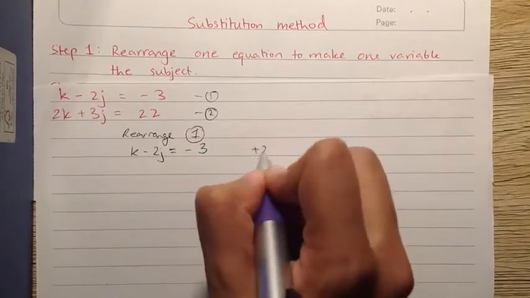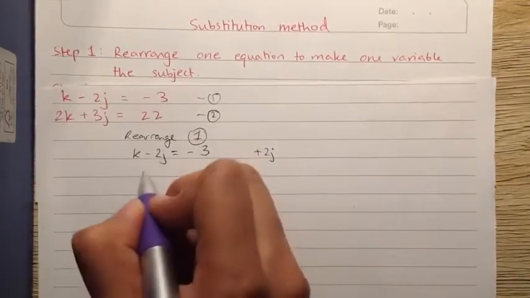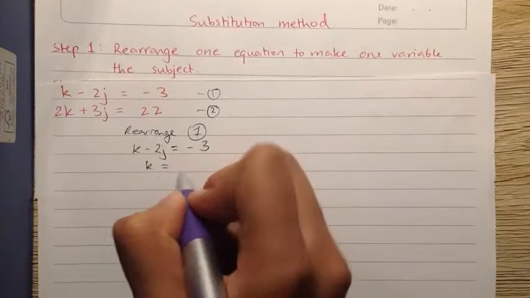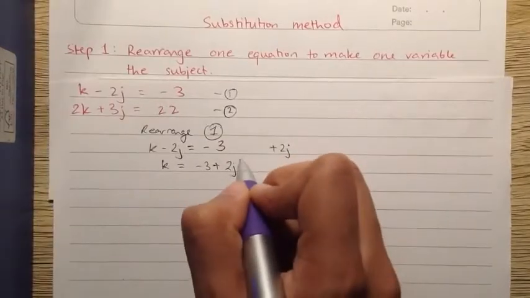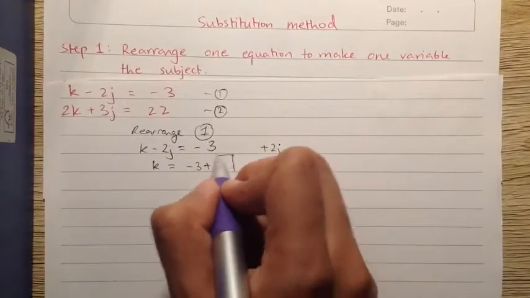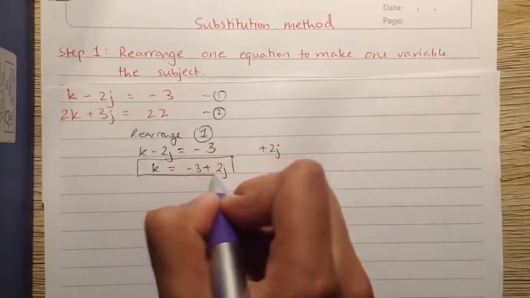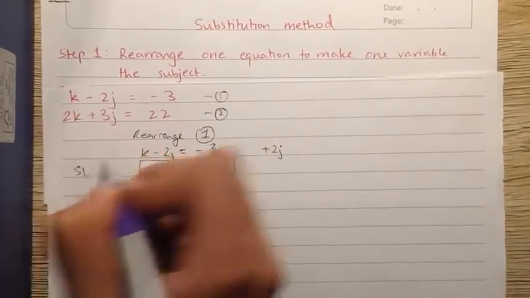If we add 2j to both sides, k will equal negative 3 plus 2j. Alright, so we have done step 1.